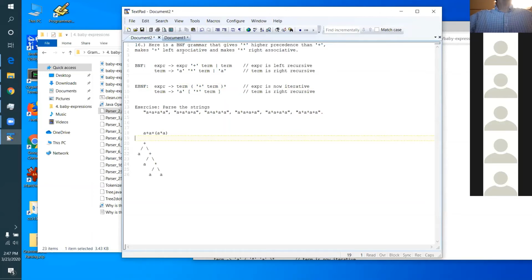Notice that plus is left associative, right? So this should have been A plus A first. I didn't draw the right parse tree down here. That's why when I tried to use the graph, it didn't work.